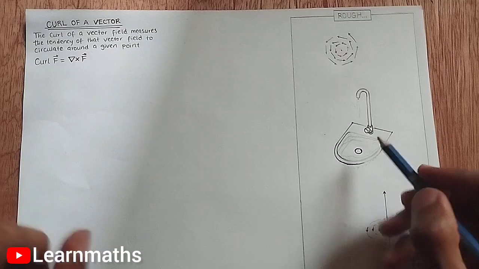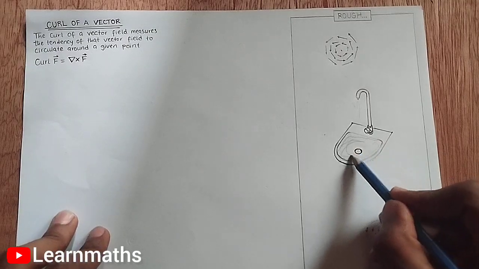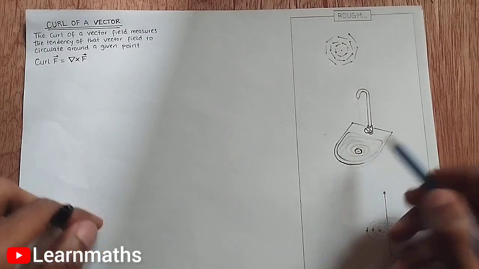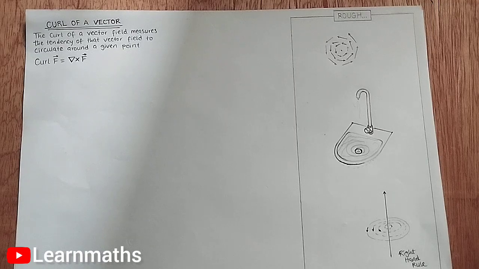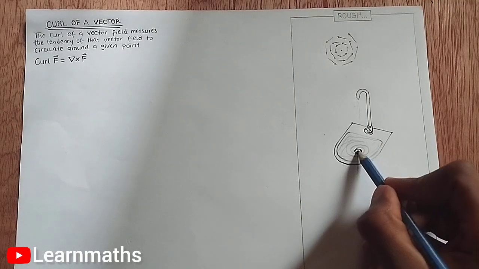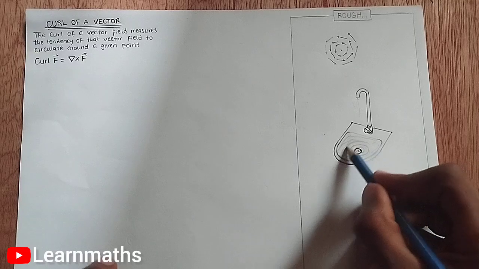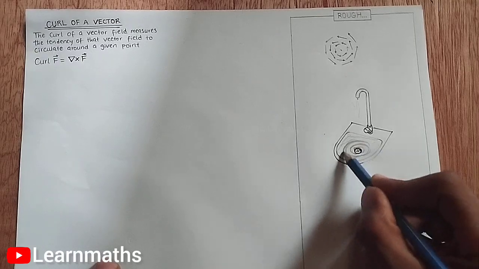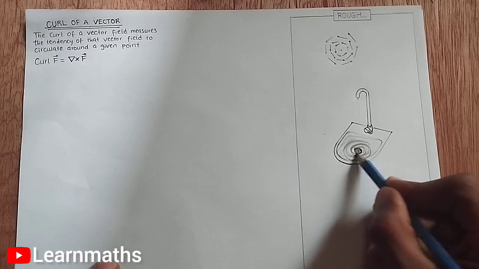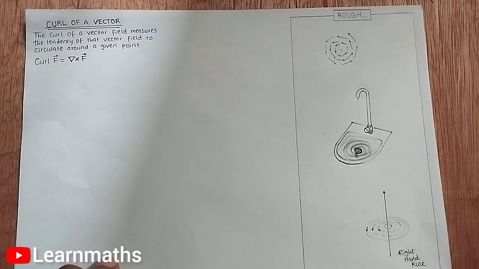There is this tendency for the liquid to curl, swirl, rotate, circulate around this point, the sink, while going into the sink. There is this curl that happens before they all enter the sink.